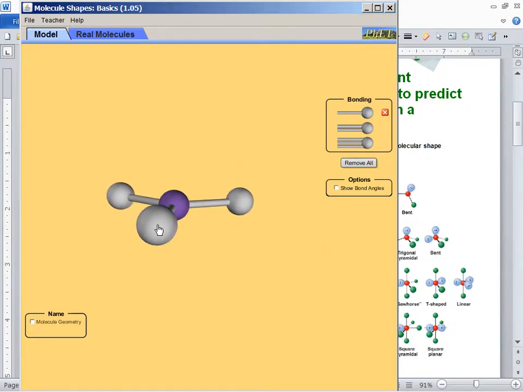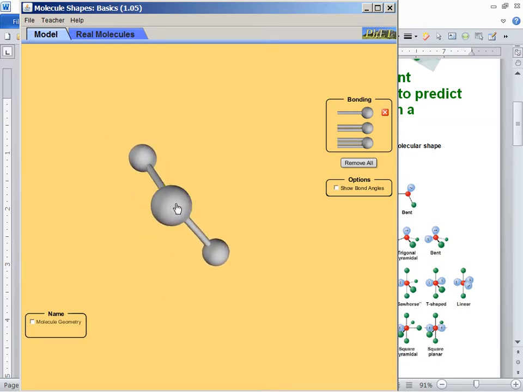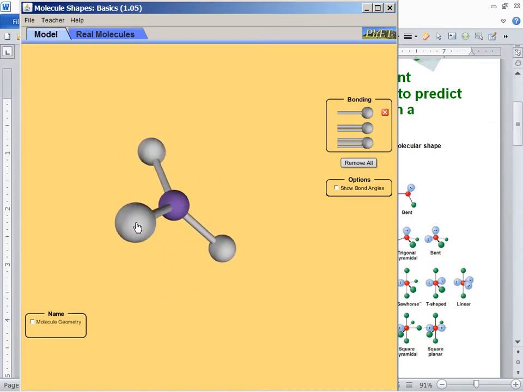Does this look flat to you? Yeah, right, it's definitely a flat object. But we're not supposed to use the word flat in the name. We're supposed to use the word planar. And we're not supposed to say flat triangle, which is really what it is.